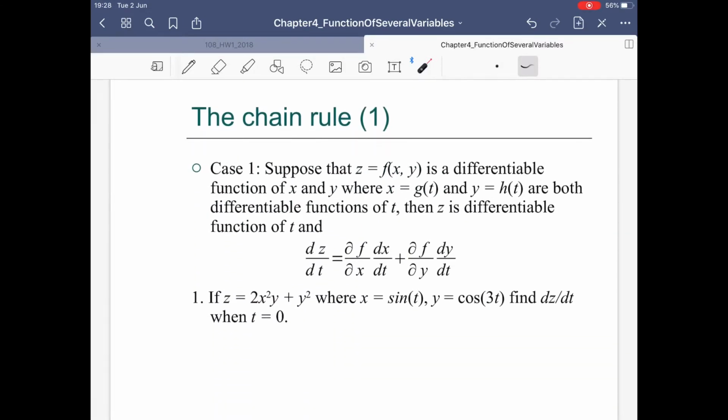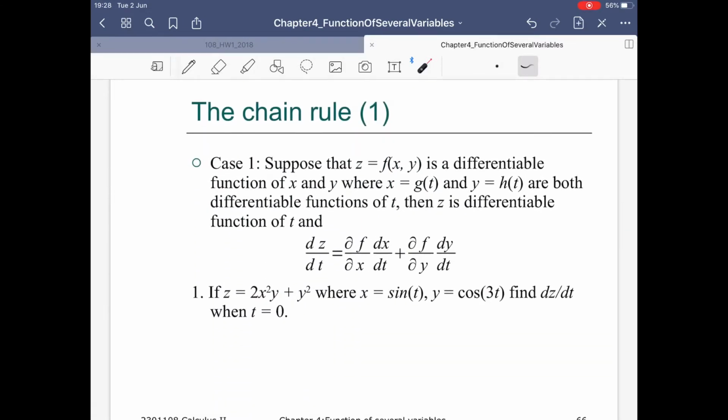So the first chain rule for a several variable function is this: suppose z is a function f of x and y, and this function is differentiable, so you can find f sub x and f sub y.